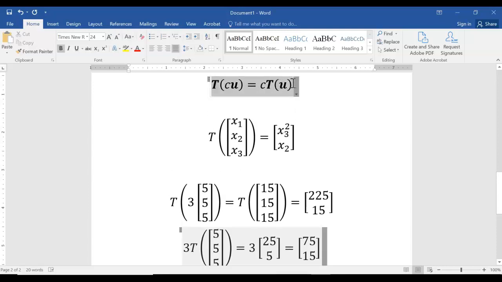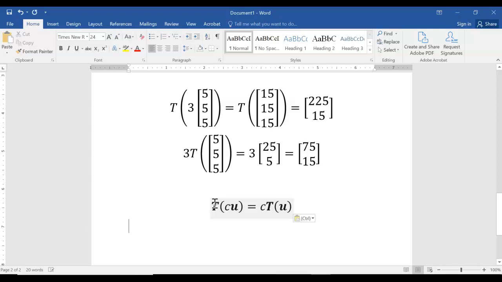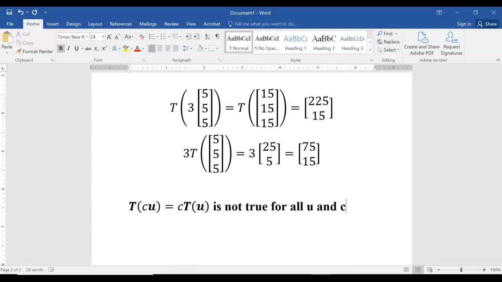Therefore, this equation cannot be true for all u and c. So that equation is not true, and therefore our transformation is not linear.